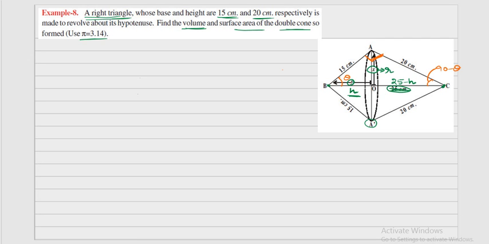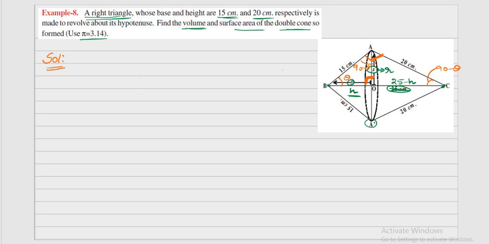The same way, here the base and the radius will always be perpendicular. If this is theta and this is 90, then automatically this angle will be 90 minus theta. So we have the angle configuration theta, 90, 90 minus theta. If we have such angles, then those triangles are similar triangles, right? We have already learnt this in the similar triangle concept.